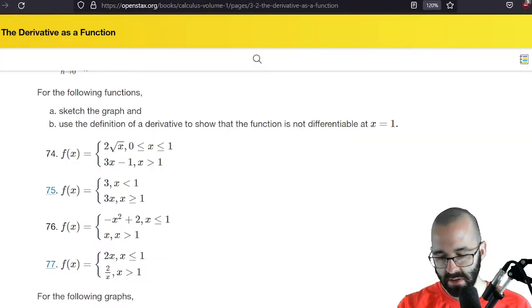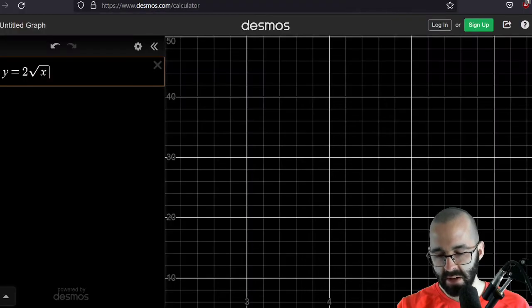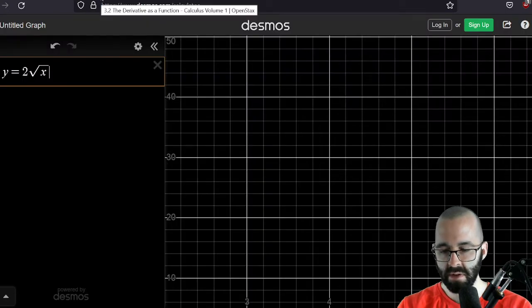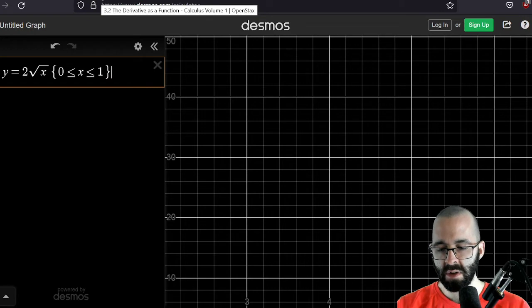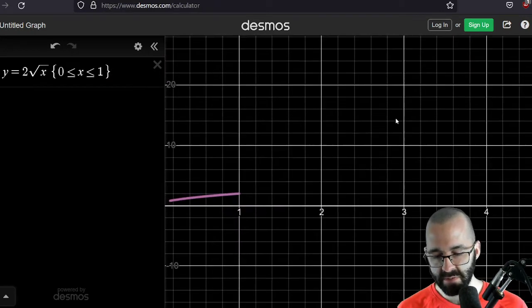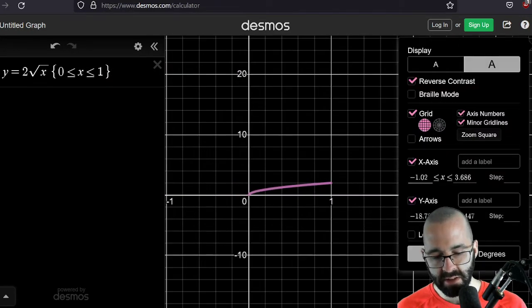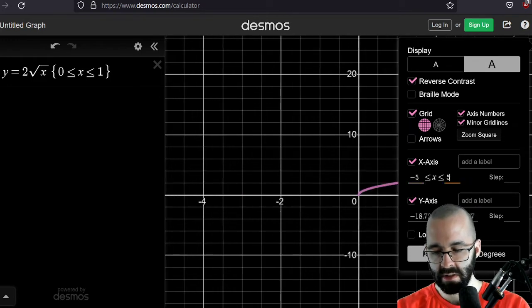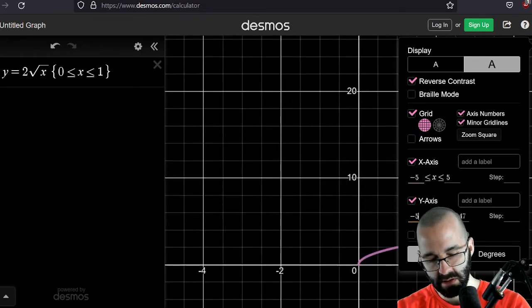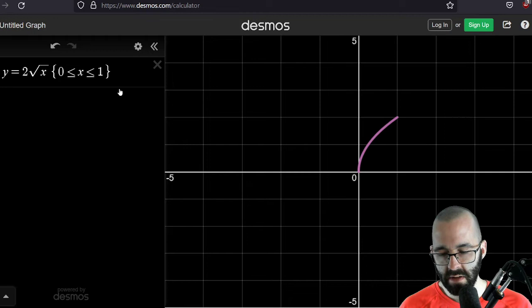And we're on this piece between 0 and 1, inclusive on both. So piecewise functions on Desmos, all you have to do is type the domain for that piece in brackets.